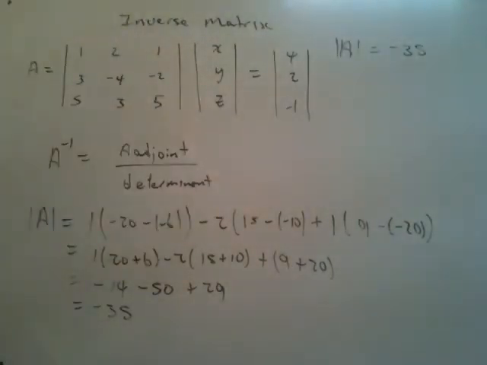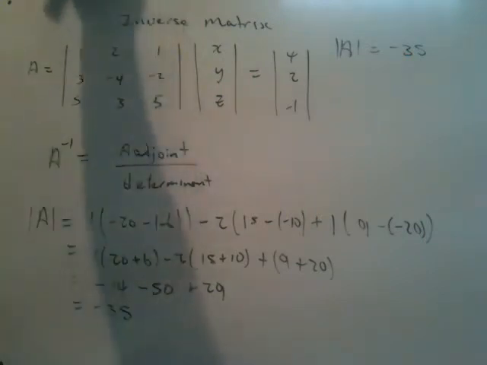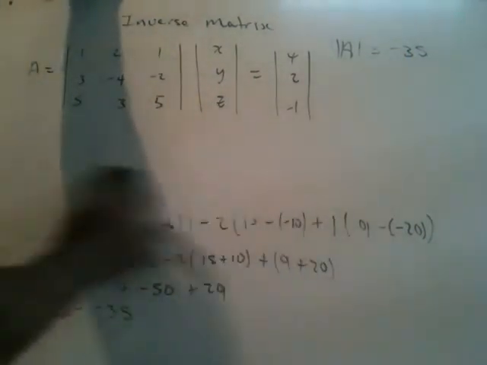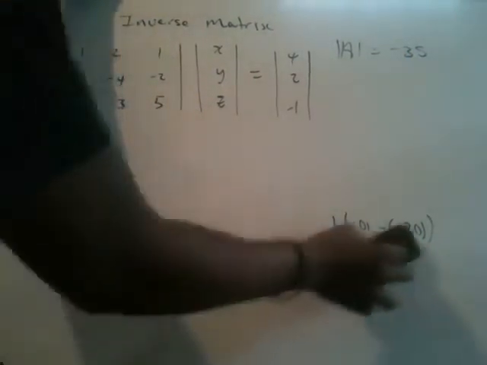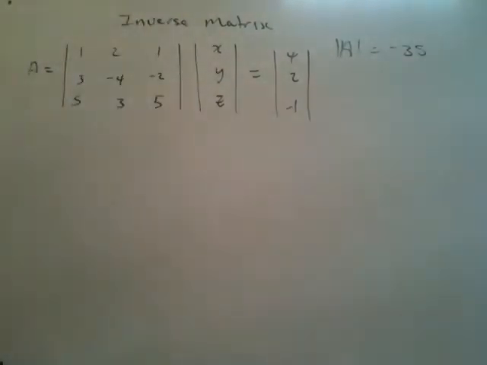what we're going to do next is find the adjoint, and the method we're going to use is the cofactor method.